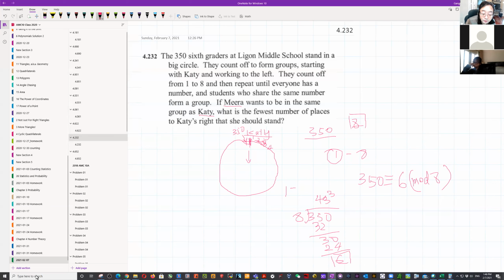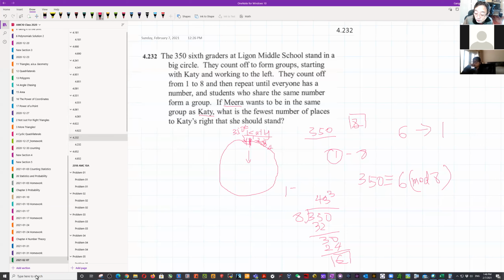So 350 is one person in the other direction, and then I need to count from 6 all the way down to 1.